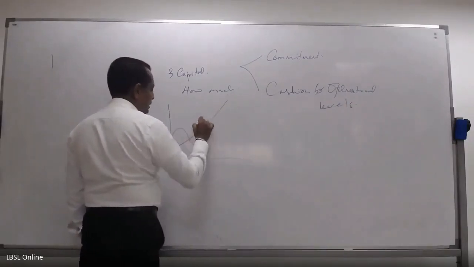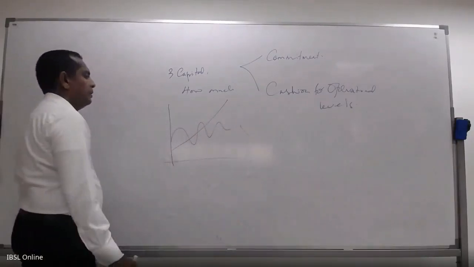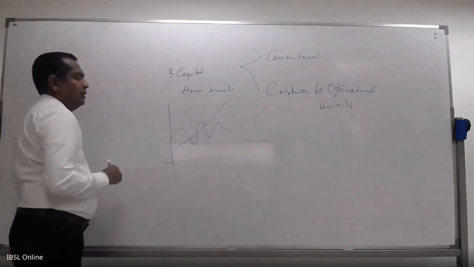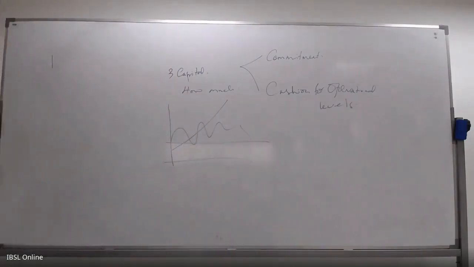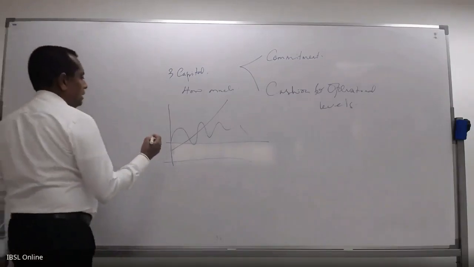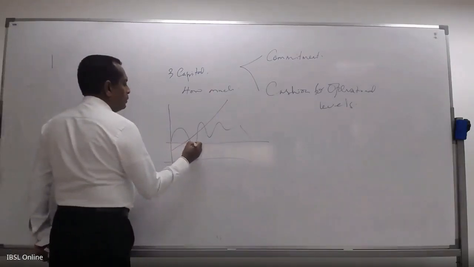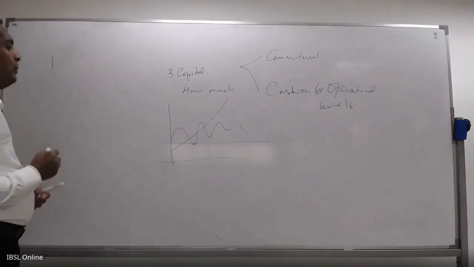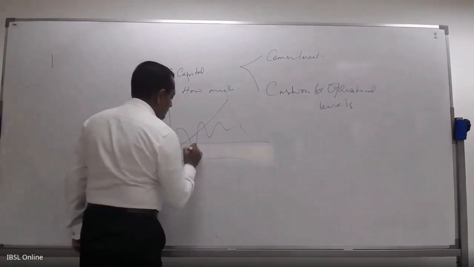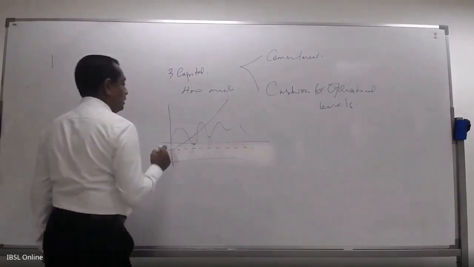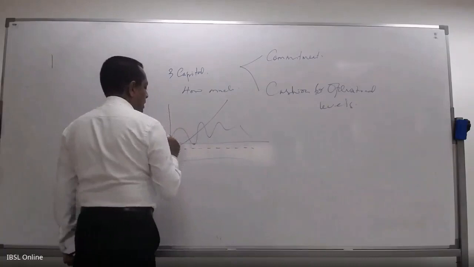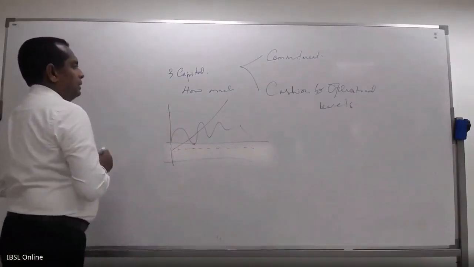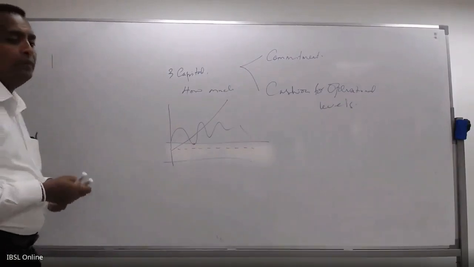It goes this way, right? If your monthly commitment is like this, at this point, business will not be able to pay you, right? If your monthly commitment is something like this, though the business comes down, you are better off, right?